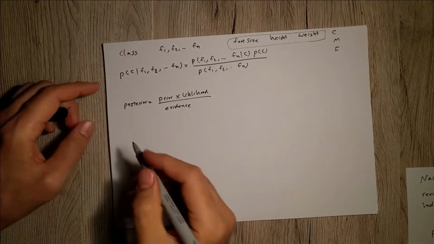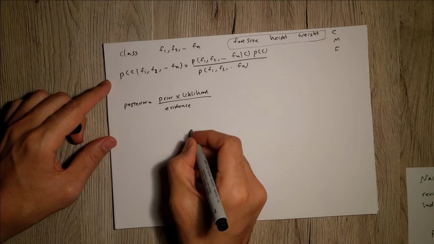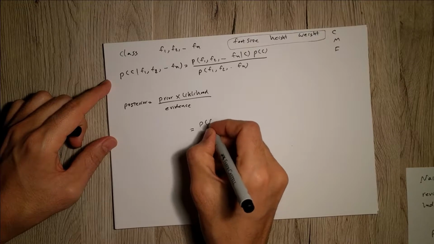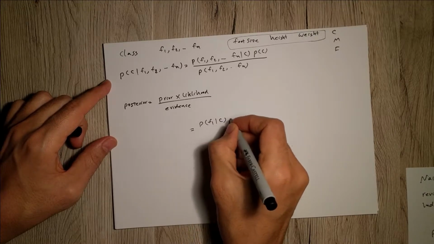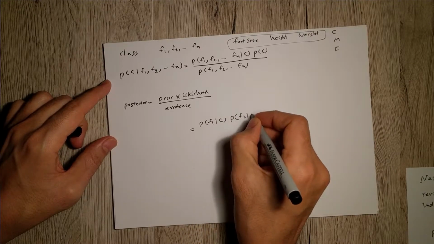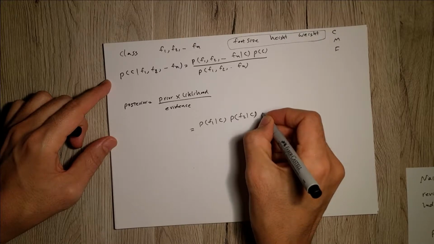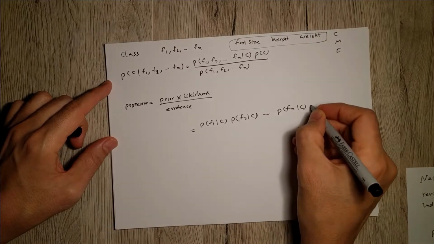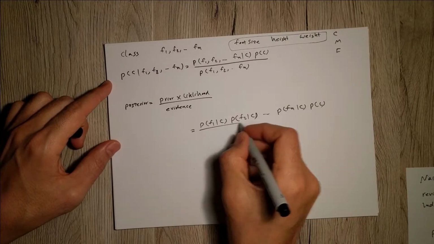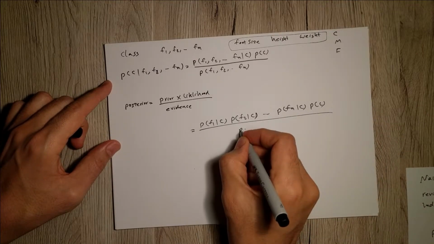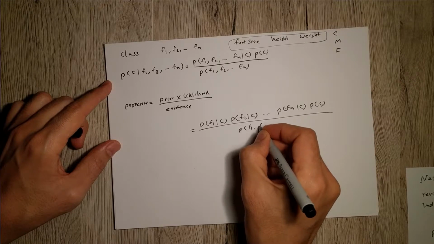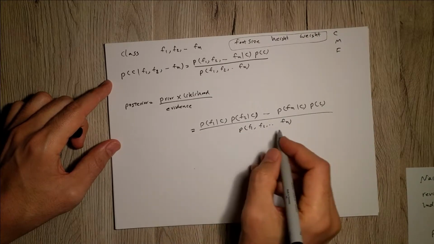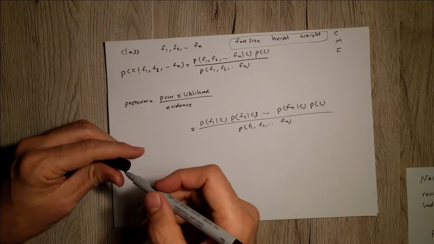So I can write it down in the form of probability of f1 given C multiplied by probability of f2 given C, till probability of fn given C, multiplied by the probability of the class over the probability of f1, f2, and fn. And as I said, we don't compute this.